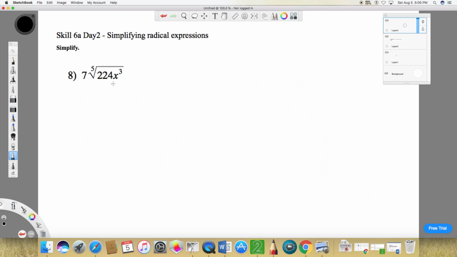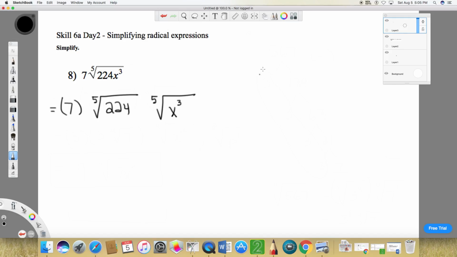When we're grouping things, how large does our group have to be? This is a 5th root, so we're trying to look for a group of 5 things. This 7 is just going to come along for the ride, and we're going to break apart this 5th root of 224 and this 5th root of x to the 3rd, and we can see now that the 3 isn't big enough, that this factor isn't going to simplify.